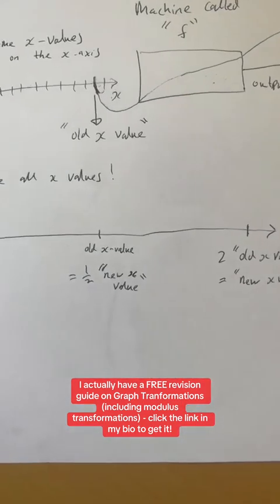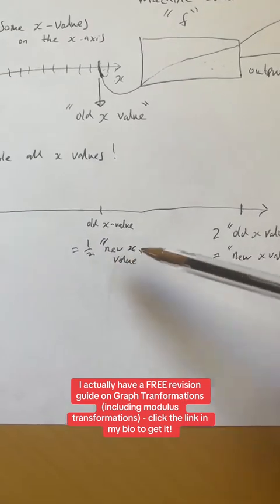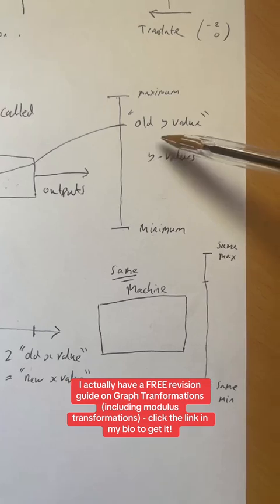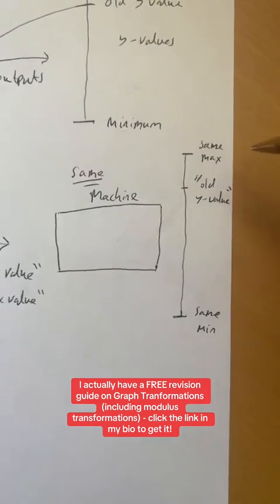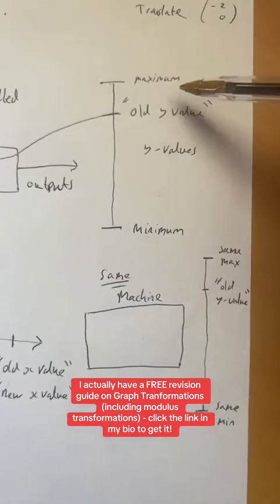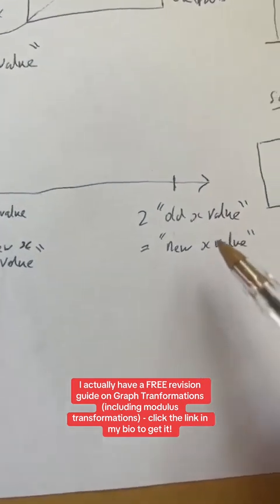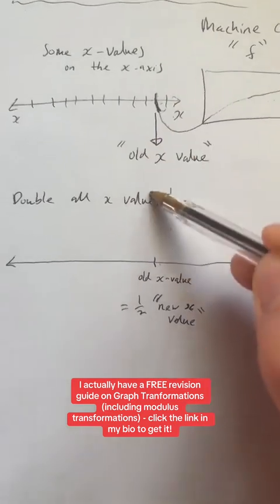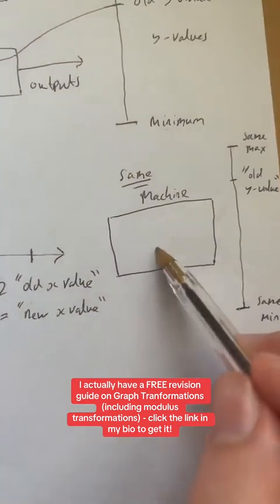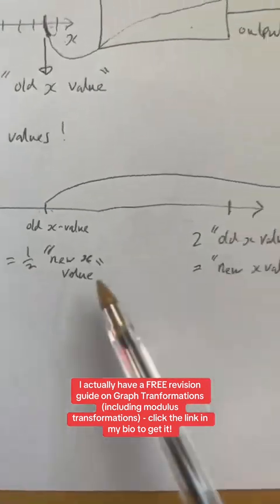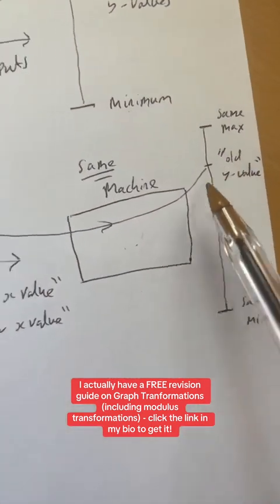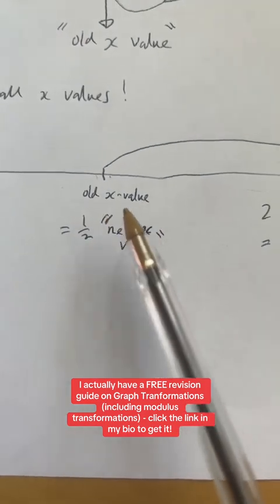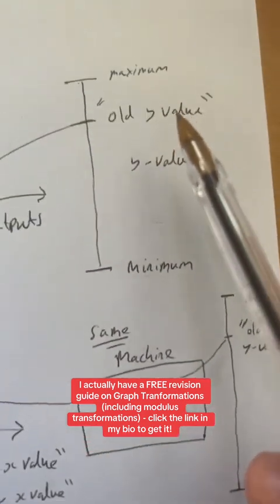So the question is, which number do I plug into my function to get the same old y value as before? In order to achieve that same output, I have to plug in not this one, but the same old x value, exactly the same x value as before, because it's the same machine. So what this is telling me is that I have to halve my new x values in order to get the same output as before.